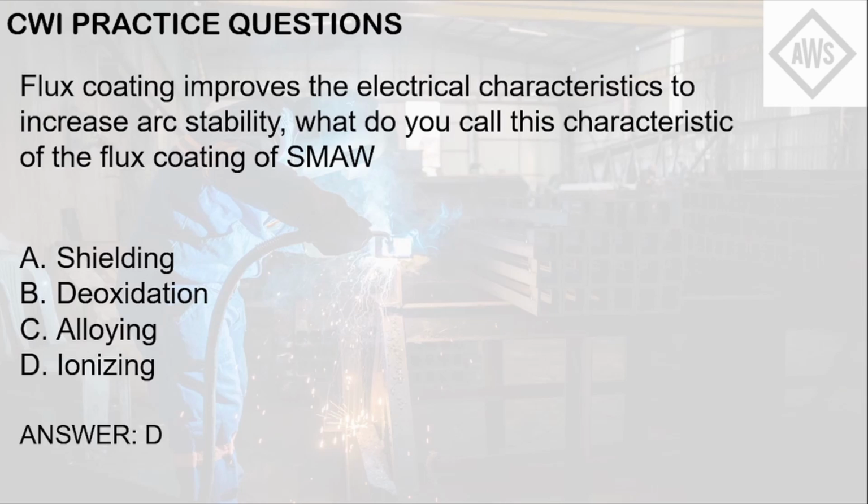So that leaves us with letter D, ionizing, which is the correct answer, the improvement of the electrical characteristics to increase arc stability. Arc stability is very important during stick welding because it's a manual welding process, and you need to ensure that the arc is stable so as not to produce a defect.